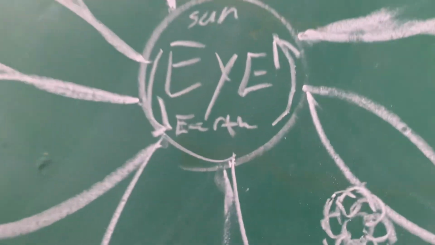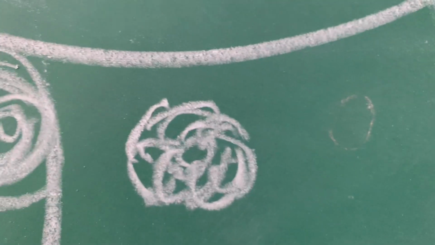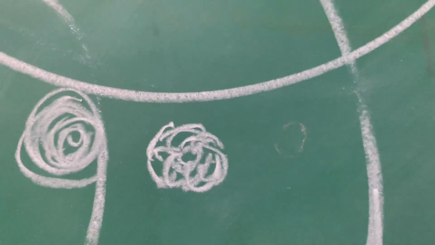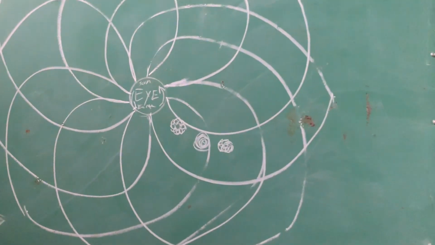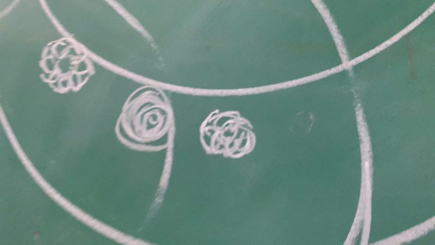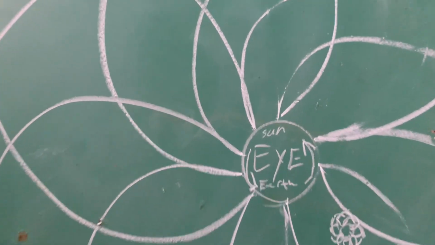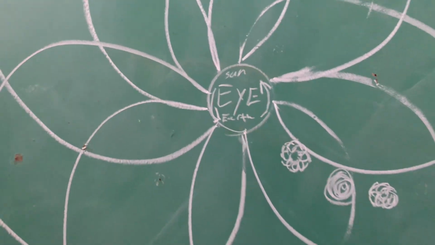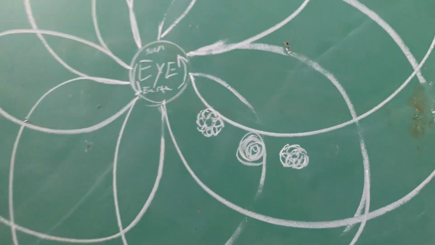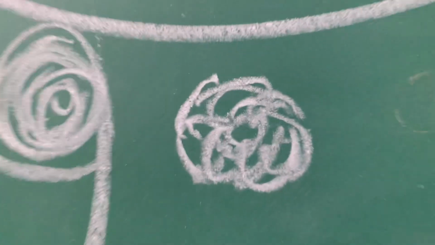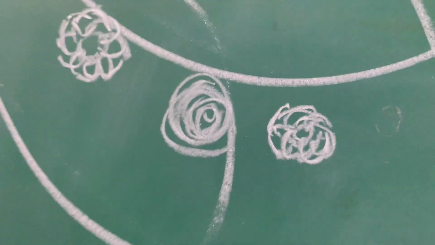The earth is the same little eye, and we are things that are stuck to the crust of the earth, right? The earth is spinning and disrupting space in the same fashion on a smaller scale. And while it's being pulled towards the sun, the central eye of least resistance, it's also being slung outward centrifugally, right? The same thing is happening to us. We are being pulled towards the center of our planet and being slung out centrifugally.